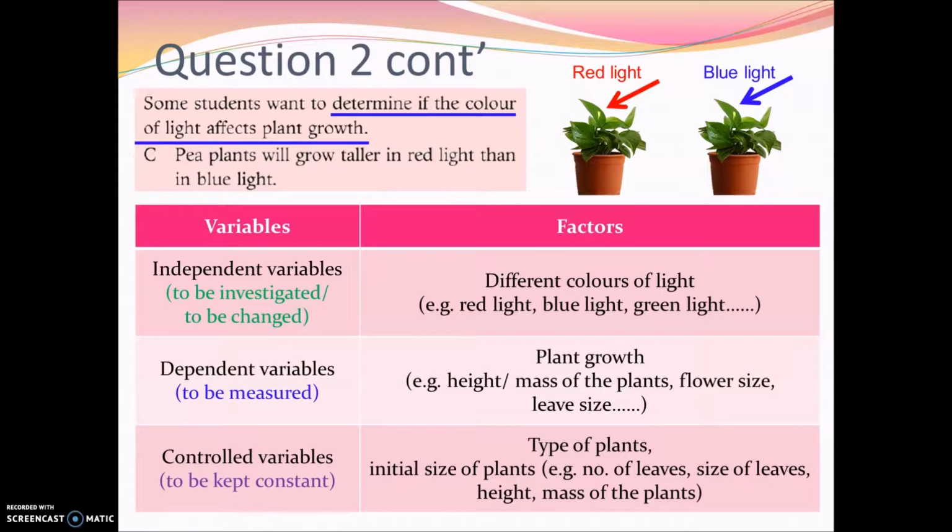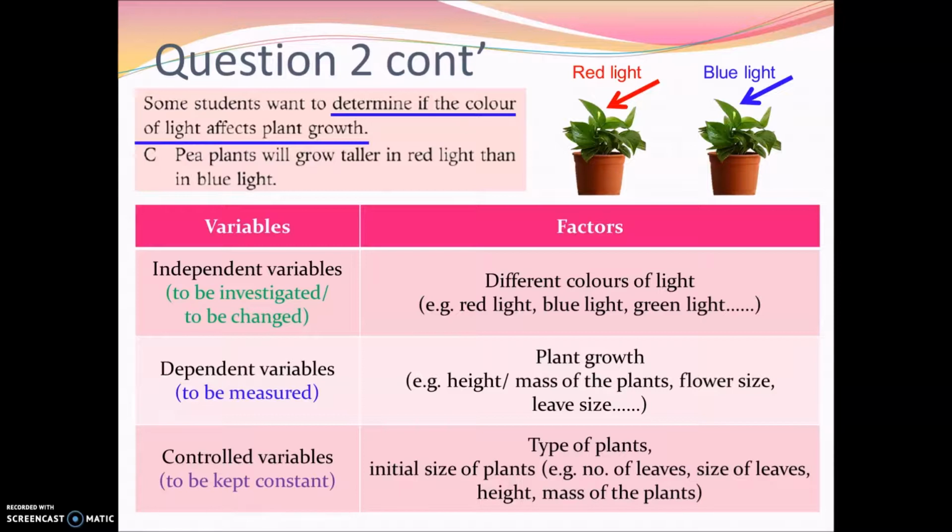And also the CV, the factors to be kept constant, will be the initial size of the plant, for example, the number of leaves, the size of leaves, something like this. Remember that for the CV, just like in the answer, in question 2, why is D wrong?